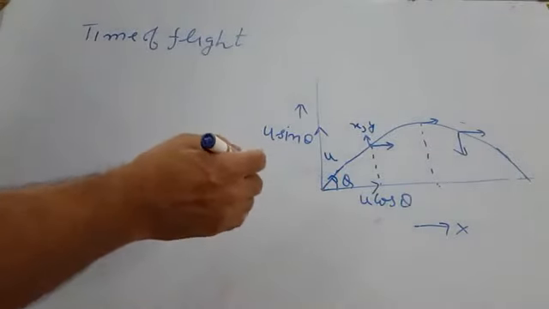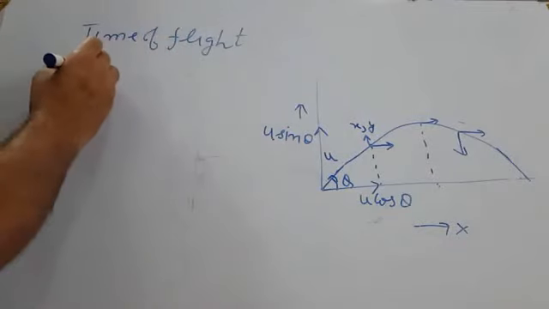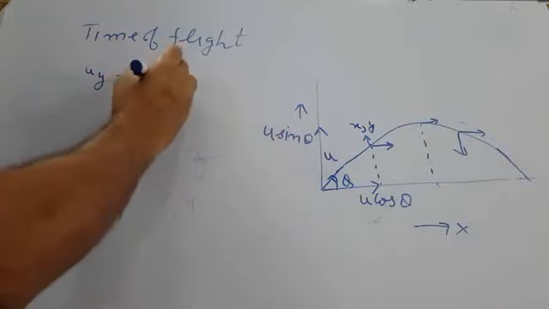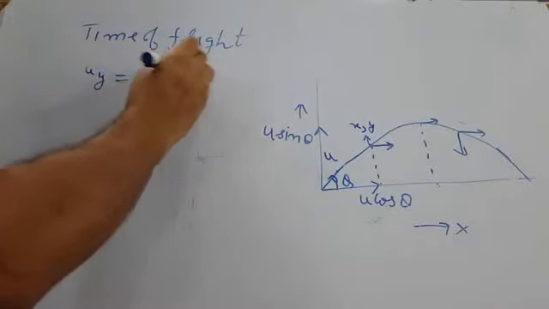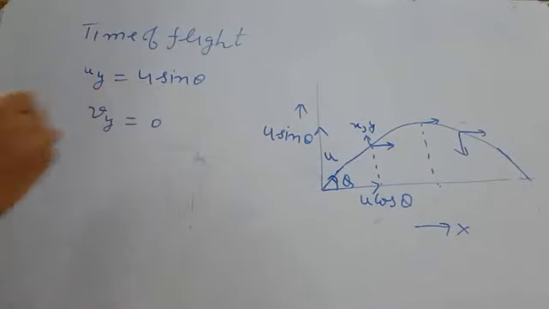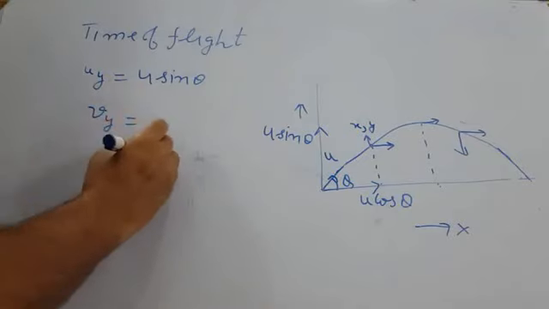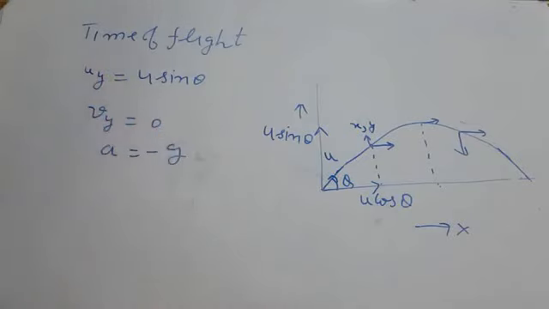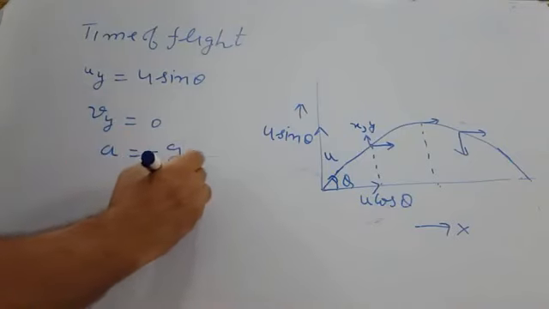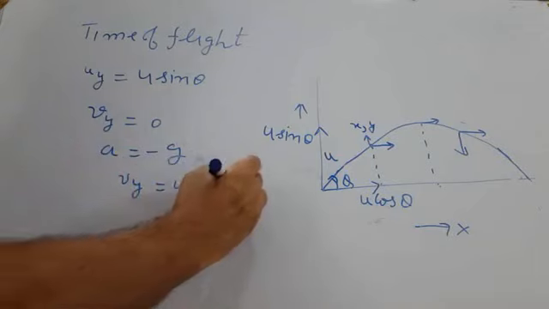I am taking velocity along y-axis. Initial velocity along y-axis, uy, is u sine theta. At highest point, final velocity vy will be 0, the y component will be 0. Acceleration is minus g. My aim is to calculate time, so you can apply the equation v is equal to u plus at. Vy is equal to uy minus gt in this case.